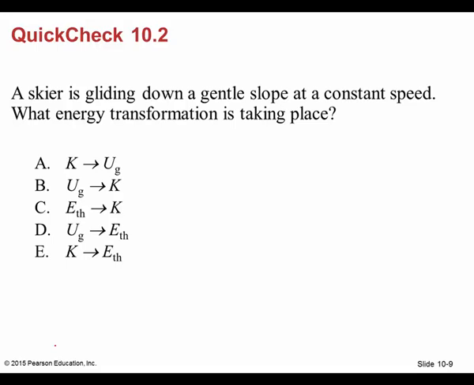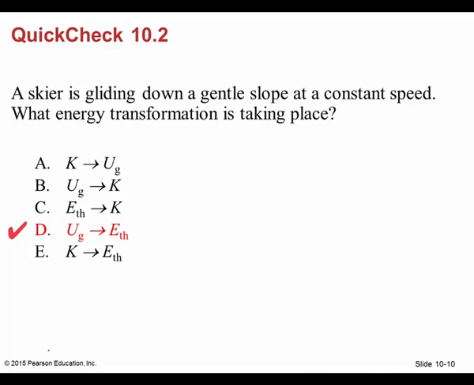A skier sliding down a gentle slope at a constant speed, what energy transformation is taking place? Well, he's sliding down at a constant speed, so we have kinetic energy, or potential energy, being converted into thermal energy, because notice it's at a constant speed.